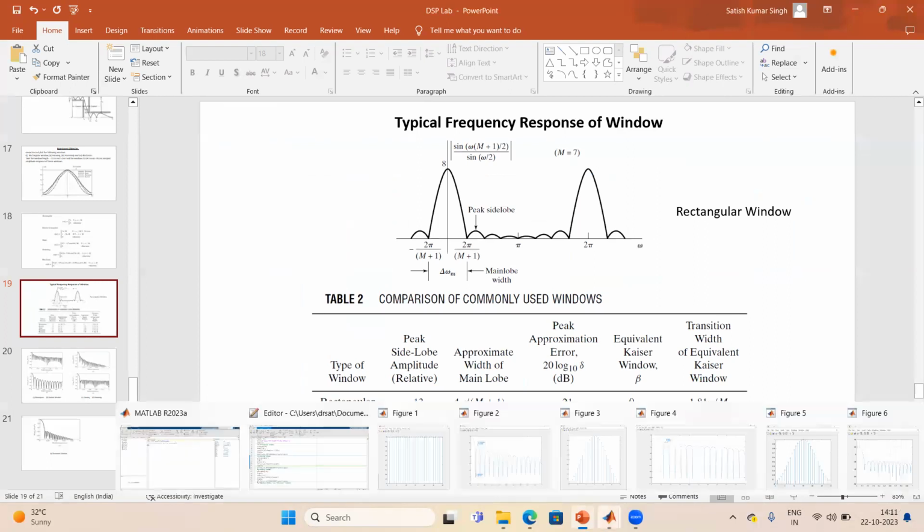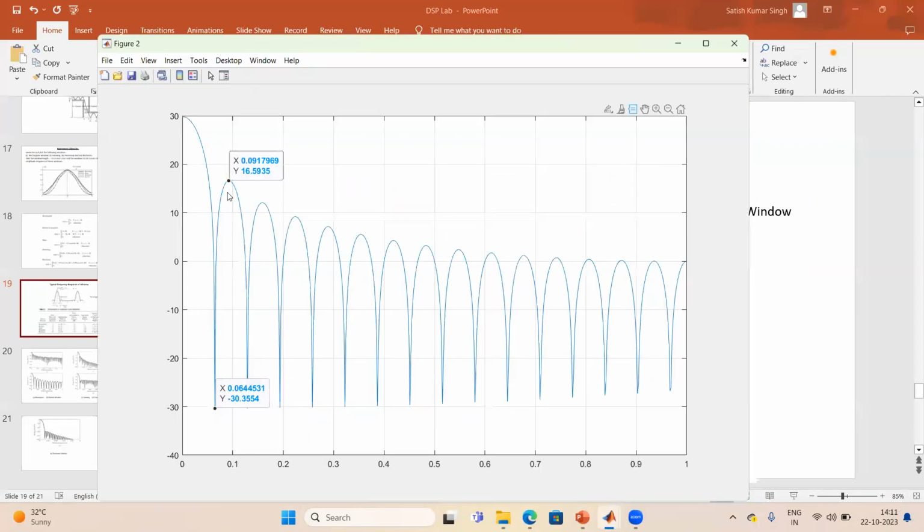So this way you can make this observation. While talking about the rectangular window, you remember I said that we have to divide 2 by 32. But we have taken M equal to 31, so the size of the window is 31. So you will be getting 2 divided by 31, which gives 0.0645. So this is the point that we got. At that time I said 2 divided by 32, but it is not 32.